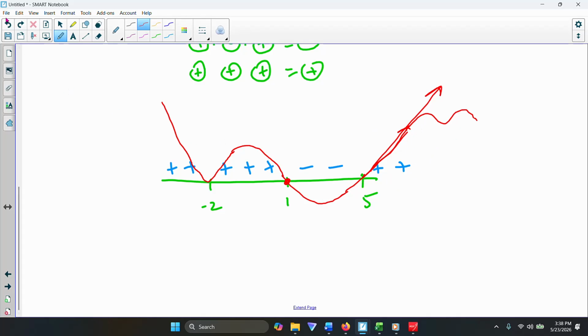But the idea there is there's a sign chart. I know what the function behaves like. I may not know exact values of it, but that's not really the issue. That's not really the goal. I just say, well, it did not change signs. This is not a change of signs.